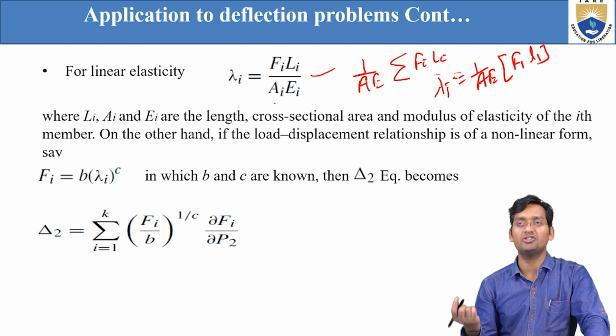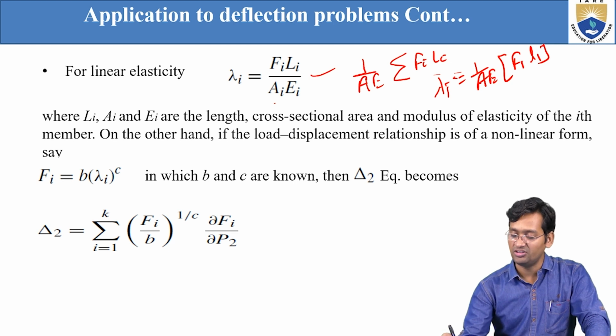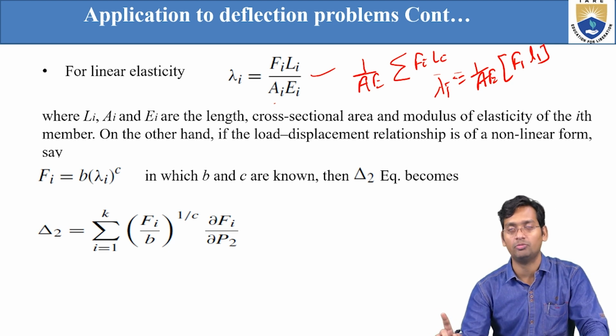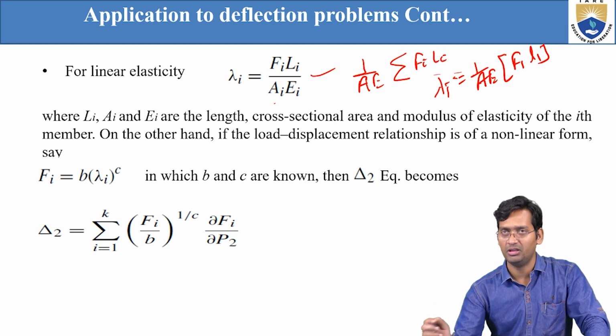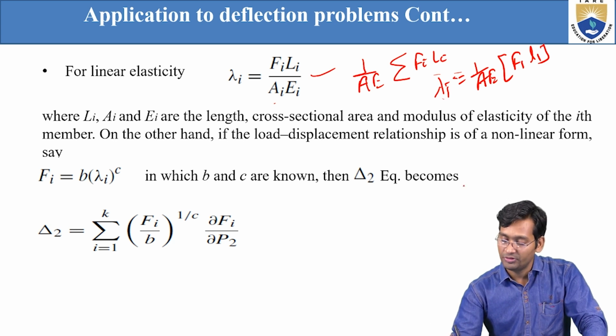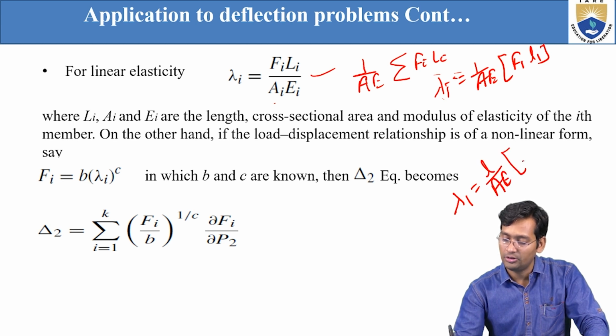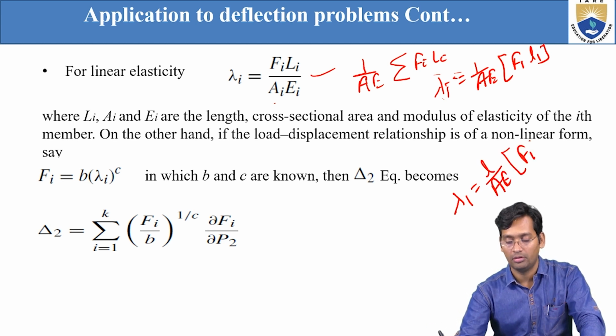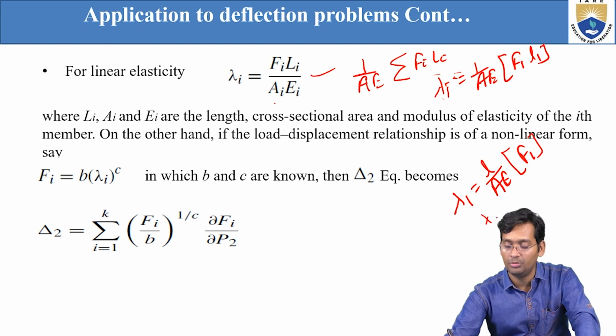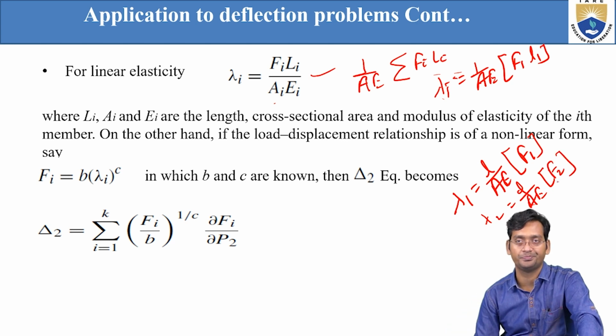If the length is also the same for each member, though it is not necessary that the length will be the same, the cross section may be the same, and they may give it depending upon the equation. Then lambda 1 equals L by AE into F1, and lambda 2 will be L by AE into F2, like that.